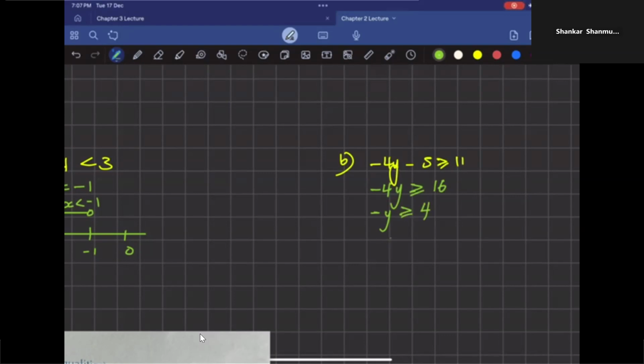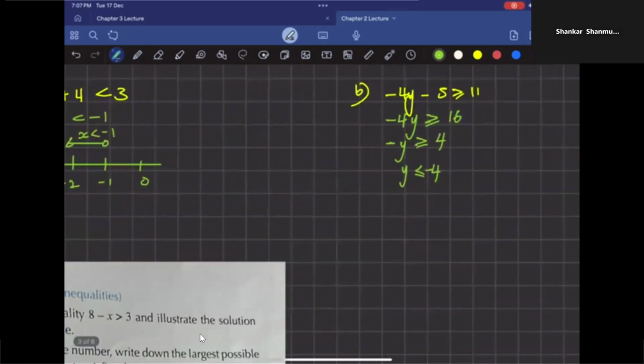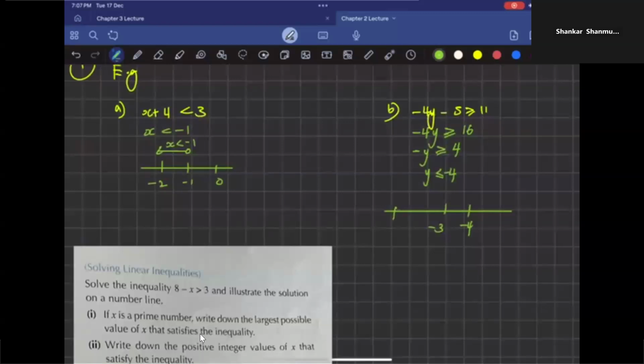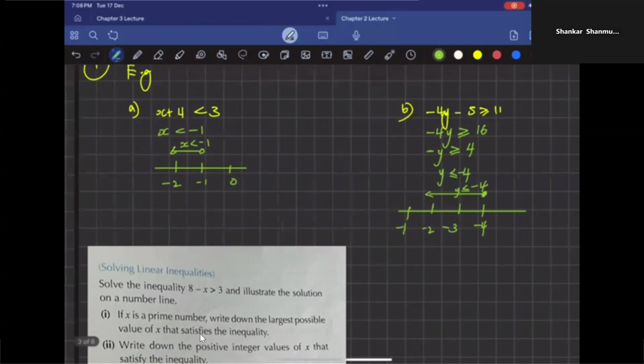You remember when you divide by negative, your sign changes. So therefore y is less than or equals to 4. Okay? So in this case, it's a solid circle, and then yeah. Okay. So that's about it.